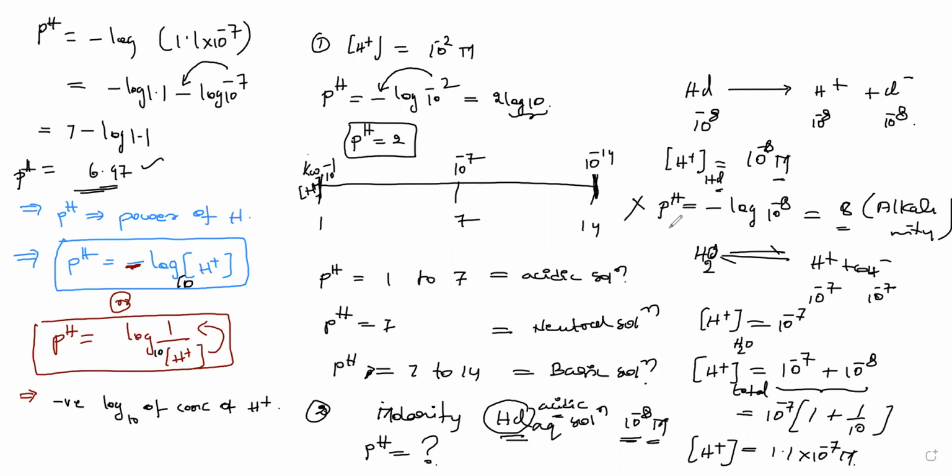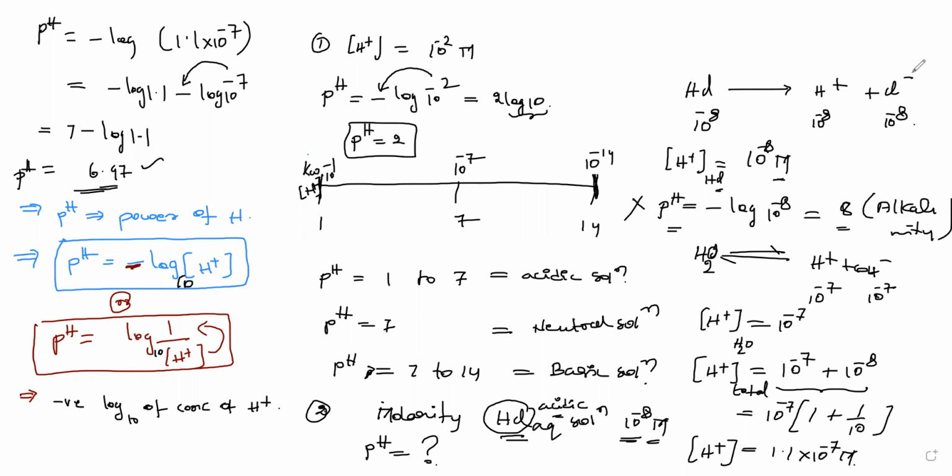This method is not correct for these types of solutions. For any acid, if the H plus concentration is given as 10 to the power of minus 8, minus 9, minus 10, for those types of problems, we should use this method compulsorily. So this is the calculation of pH for the given problem, and the pH scale is also given.